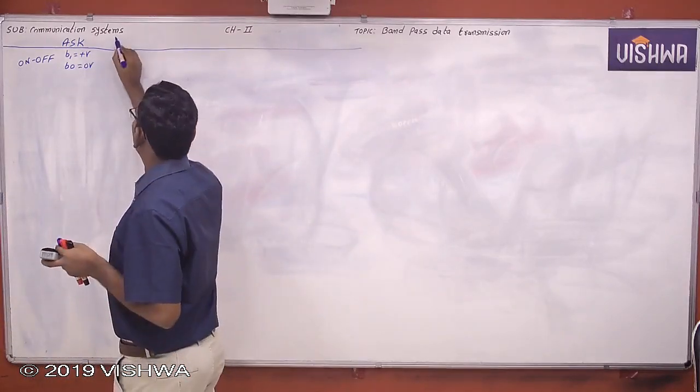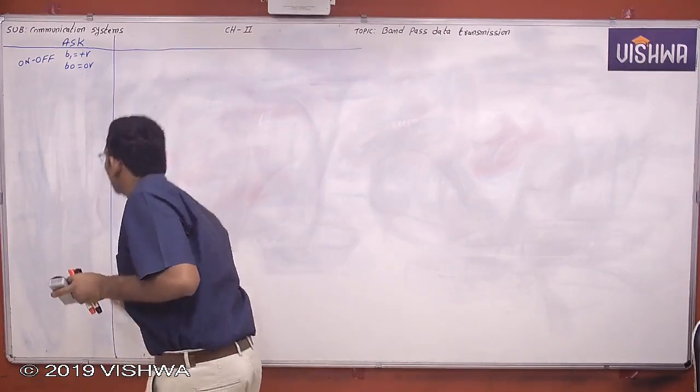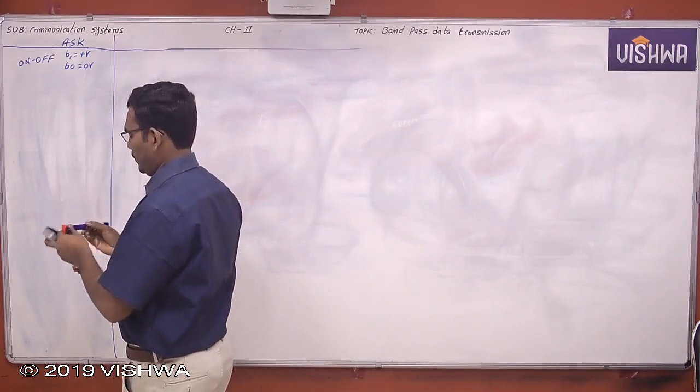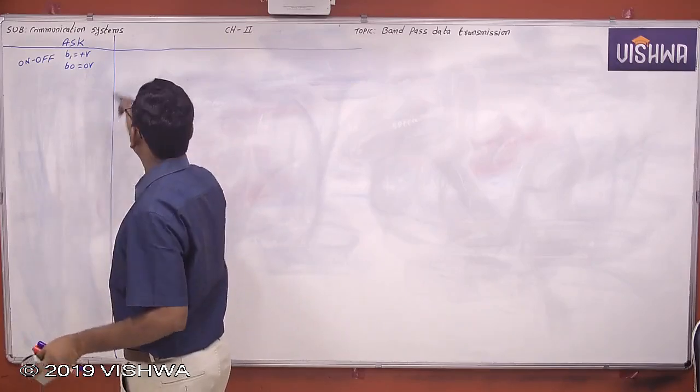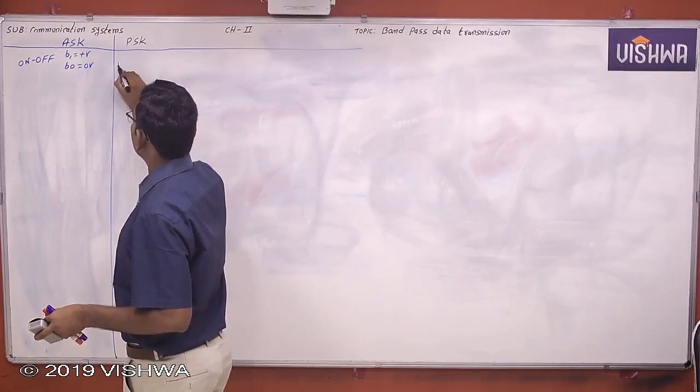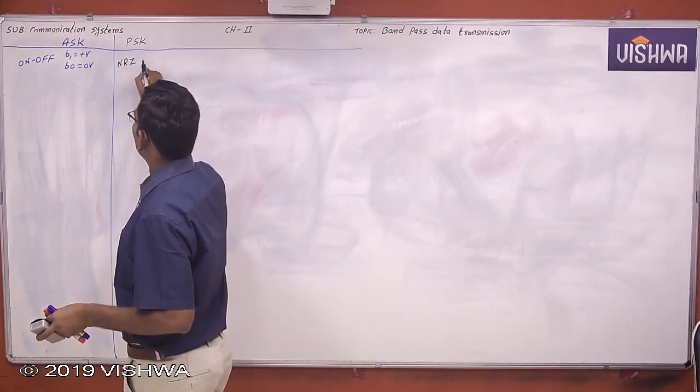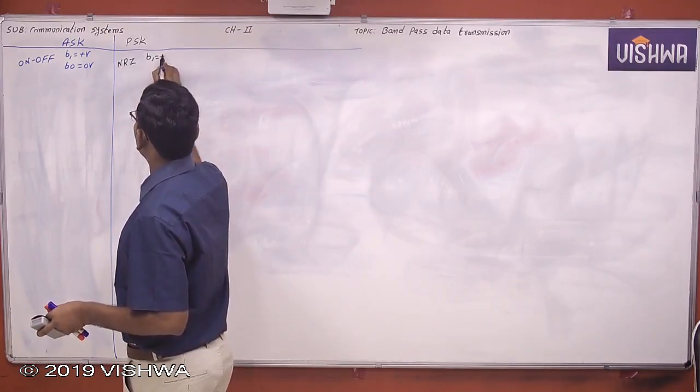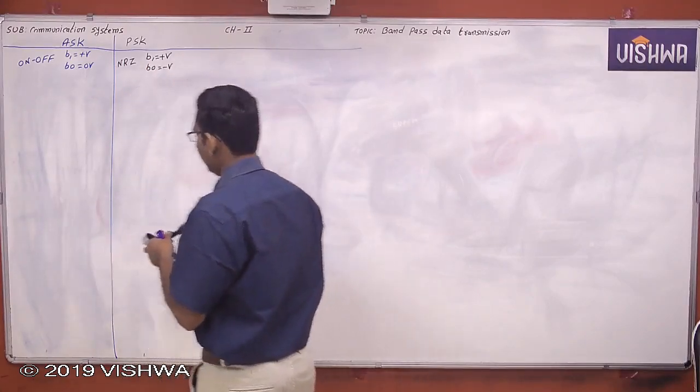Now in PSK, the binary data is represented in non-return to zero signaling. Binary 1 is positive voltage, binary 0 is negative voltage.